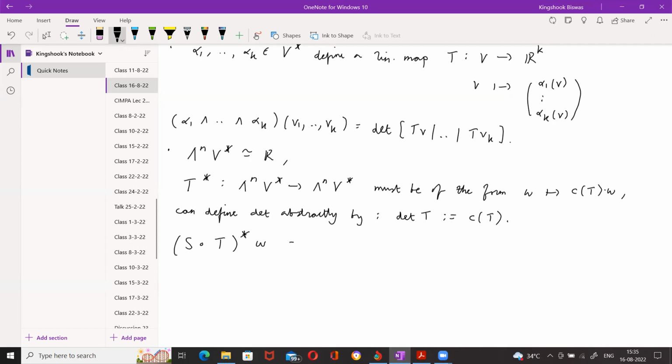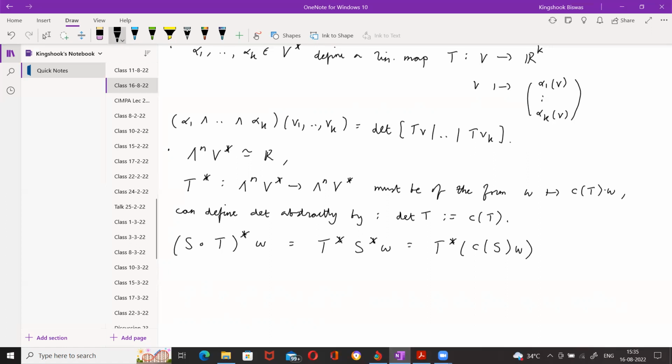So the pullback by S composed with T will be T star of S star of omega, right? And so S star of omega is what we're calling c of S times omega.